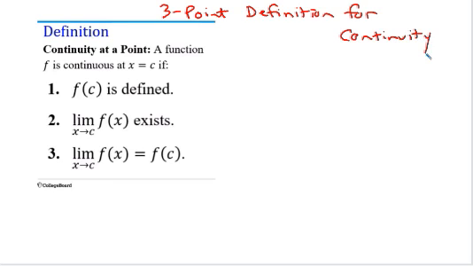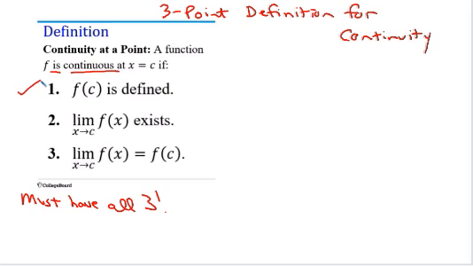If a function is continuous at a point C, we must have all three. We must have all three. Number one, f of C is defined.